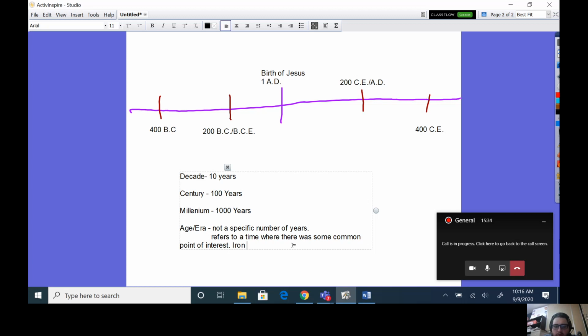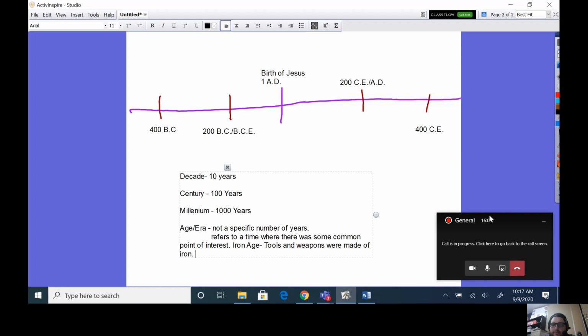So, for example, your Iron Age, tools and weapons were made of iron. So the Stone Age would be when things were made of stone, Bronze Age, things made of bronze, and so forth and so on. Paleolithic, we're going to refer to the old Stone Age.